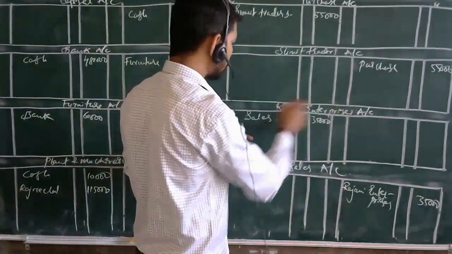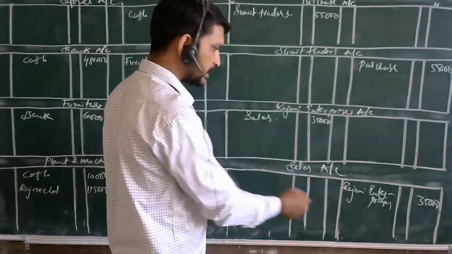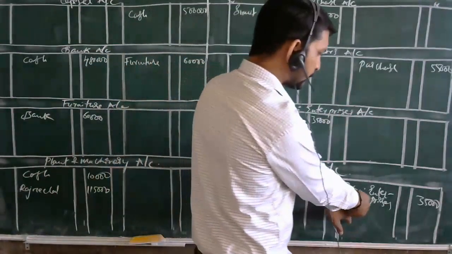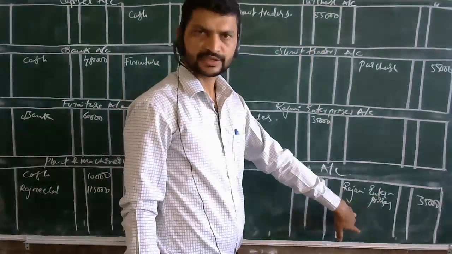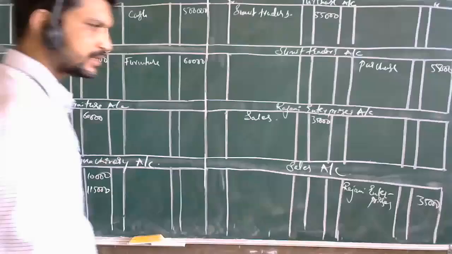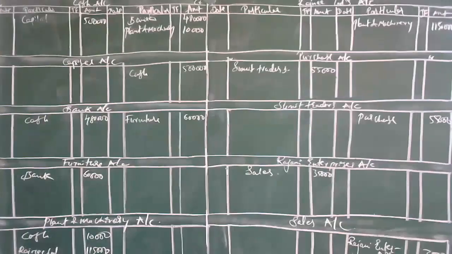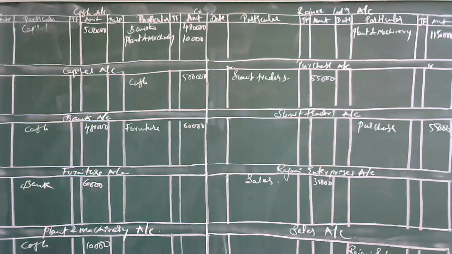Then the remaining part, which is the sales, is credited to the name of Rajni Enterprises. That's it. So here we end up with this part. Shall we start with the new problem? Yes, sir. Okay, let's proceed.